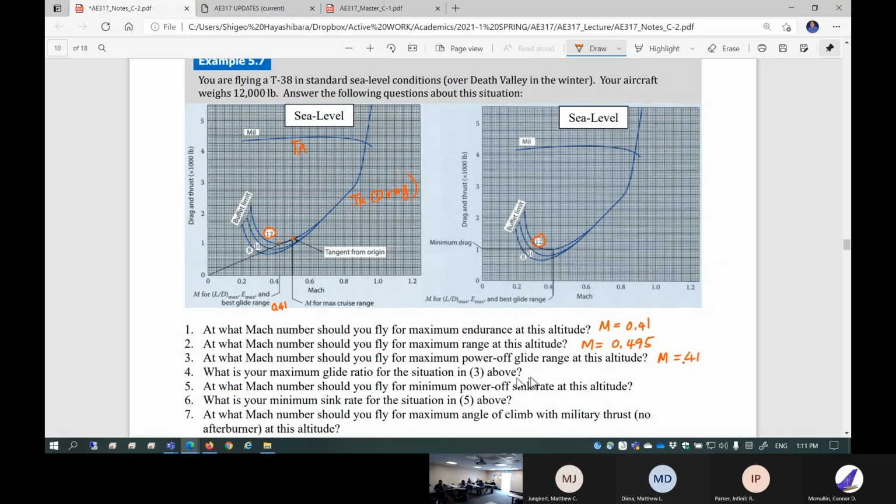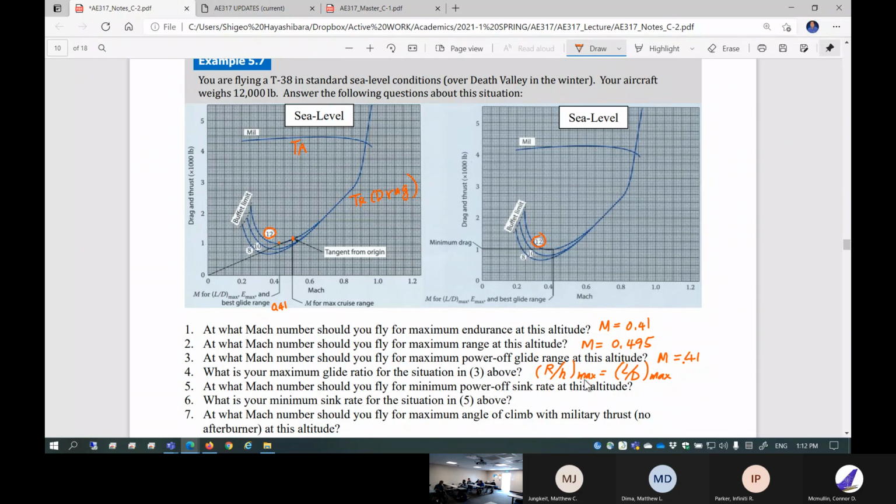Question 4, what is your maximum glide ratio? Can you compute that kind of stuff? Of course, this is going to be R over H max. This is L over D max. So first of all, what is the condition of L over D max?